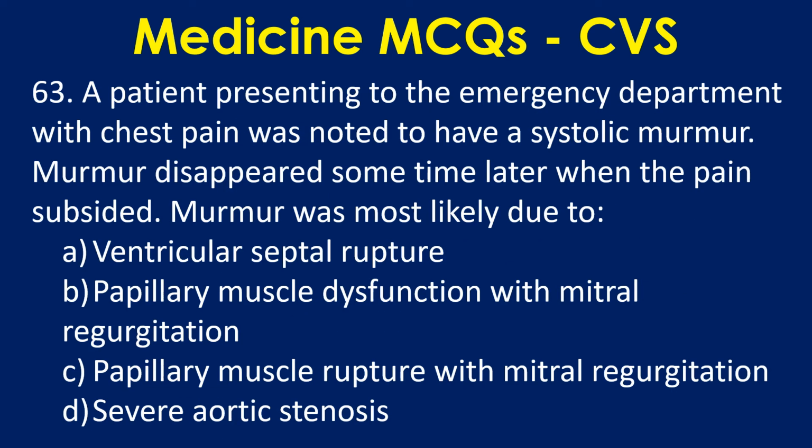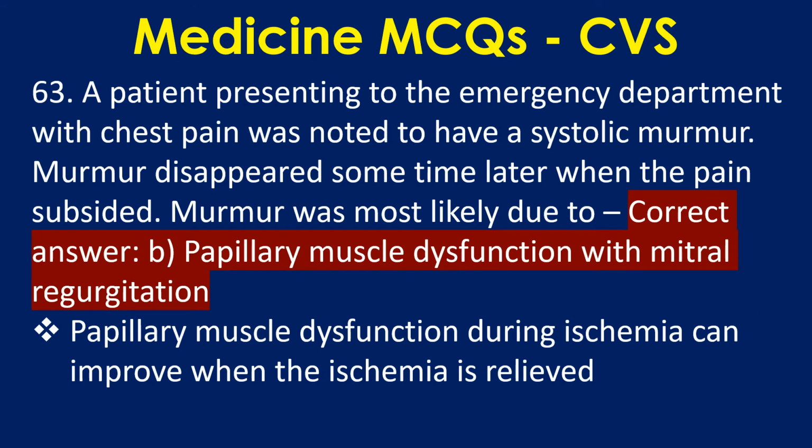A patient presenting to the emergency department with chest pain was noted to have a systolic murmur. Murmur disappeared some time later when the pain subsided. Murmur was most likely due to A. Ventricular septal rupture, B. Papillary muscle dysfunction with mitral regurgitation, C. Papillary muscle rupture with mitral regurgitation, D. Severe aortic stenosis. Correct answer B. Papillary muscle dysfunction with mitral regurgitation.